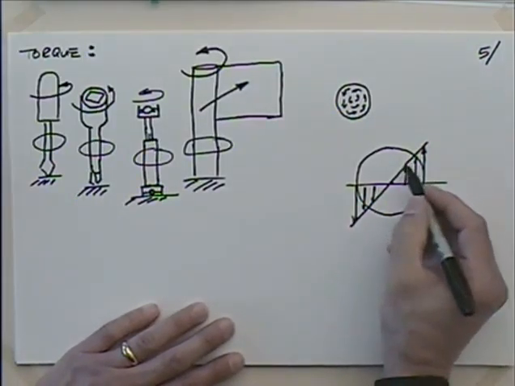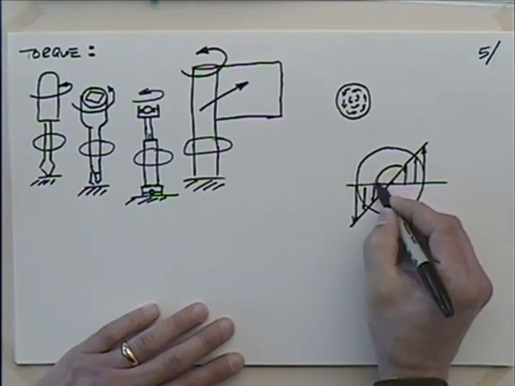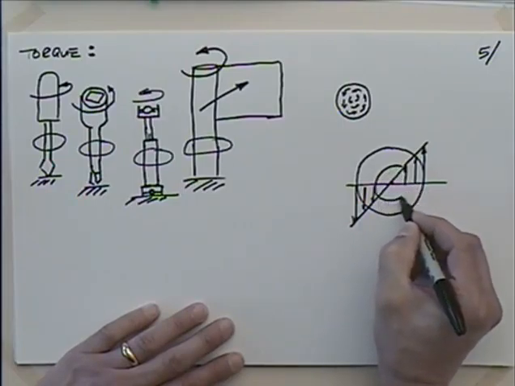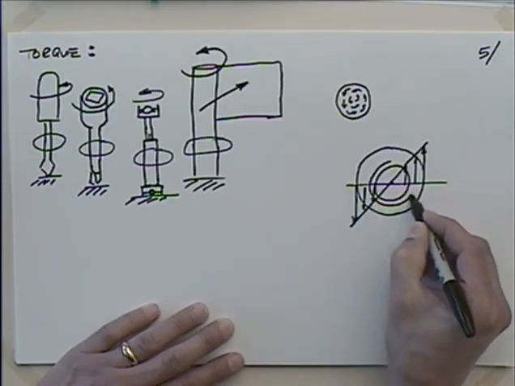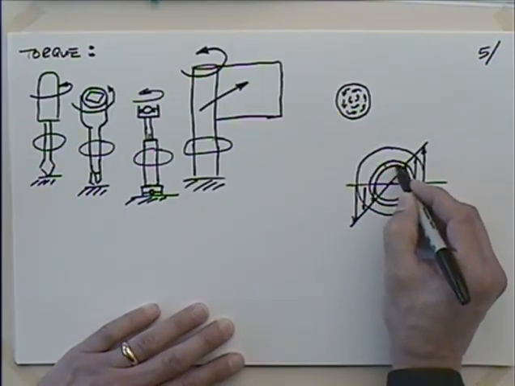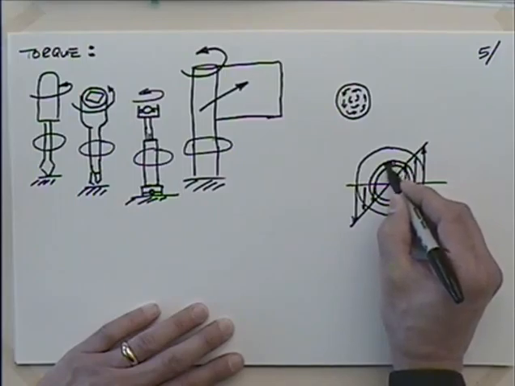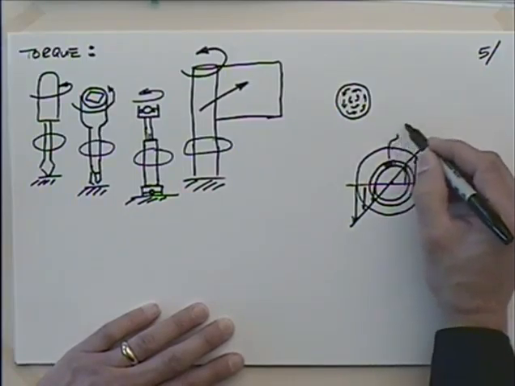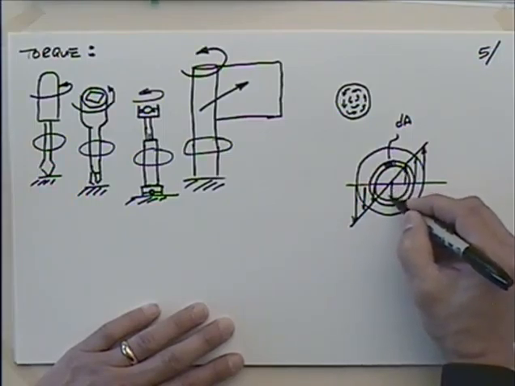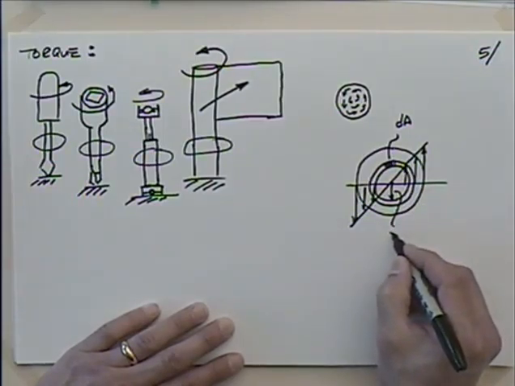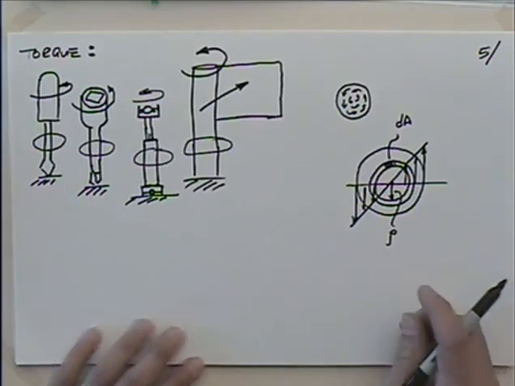So I might talk then about some intermediate point. So I'll put a little differential element here, and I'm going to call this dA. And I'm going to say that that is out at some distance rho. Okay.